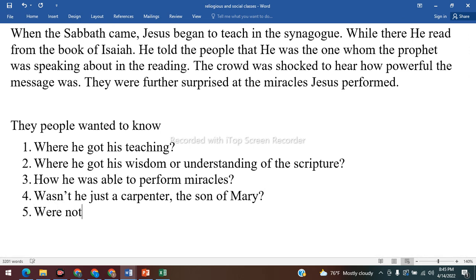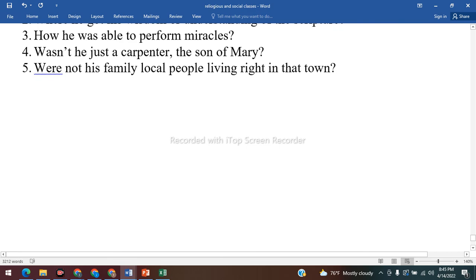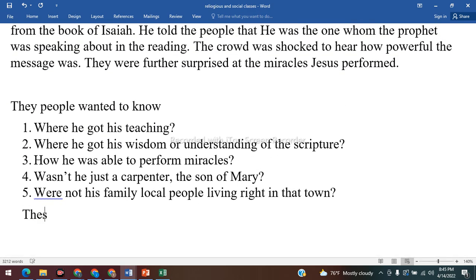And they're not strangers, but his family, local people living right in that town. So these questions show that the people thought Jesus was no different from them.